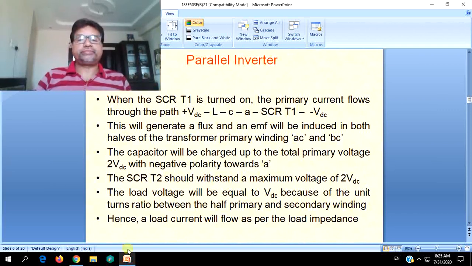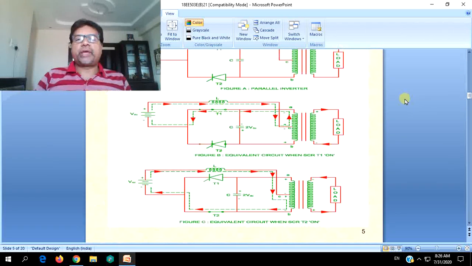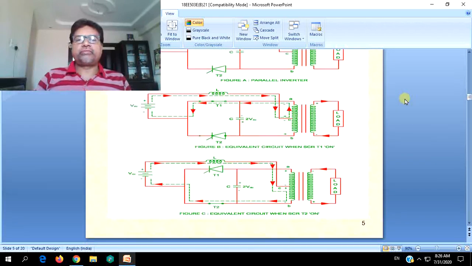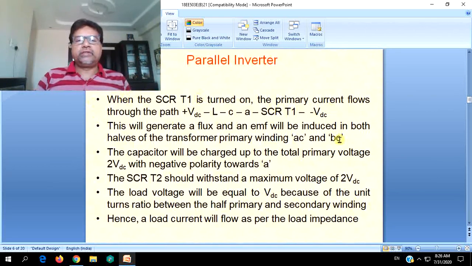The load voltage will be equal to VDC because of the unit turns ratio between the half primary and secondary winding, and hence a load current will flow as per the load impedance. Whether it is a simple parallel inverter or a parallel inverter with feedback diodes, this first interval will be the same, which is called mode 1.